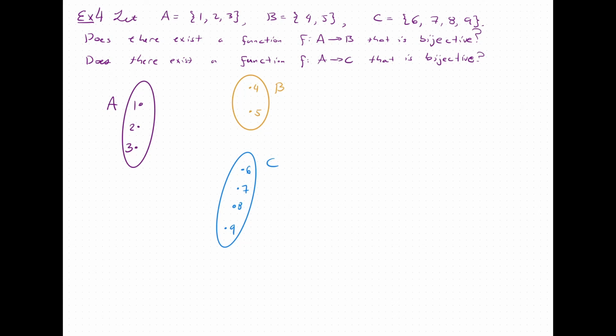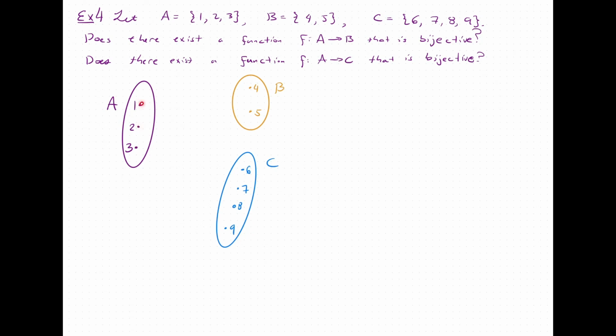So here's our visualization. Here's A, here's B, and here's C. And we want to consider, is there a function from A to B that is bijective? Now, the way we're going to go about this is by doing the following. For a function f from A to B to exist, we need every input to be mapped somewhere, exactly once.